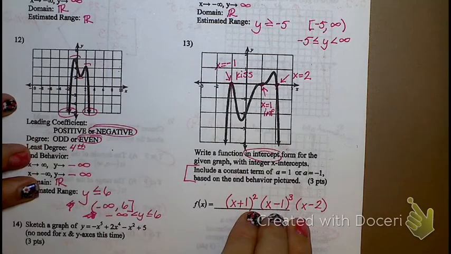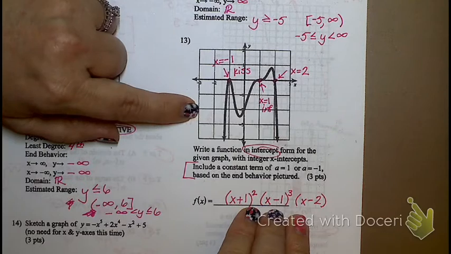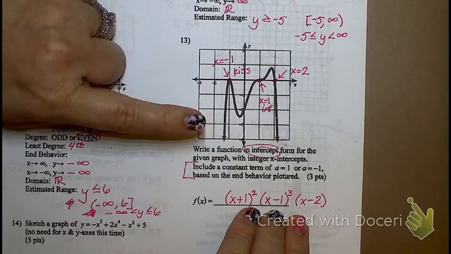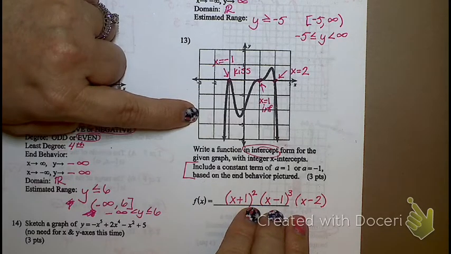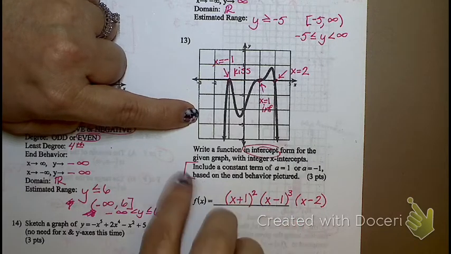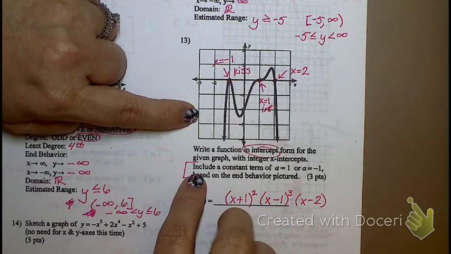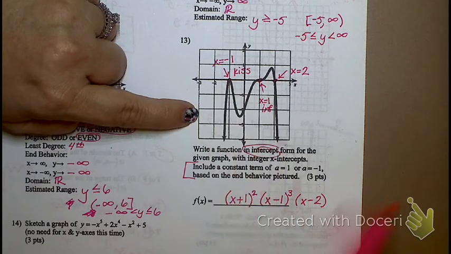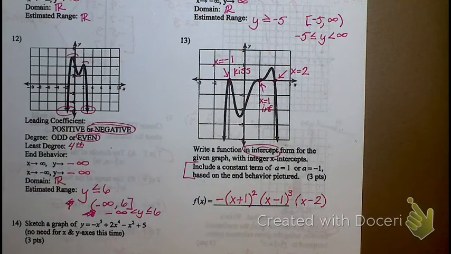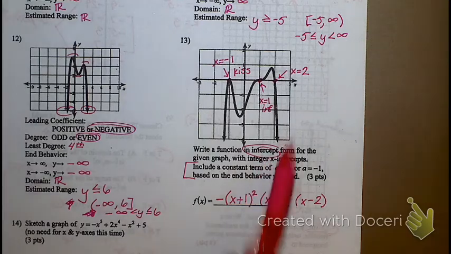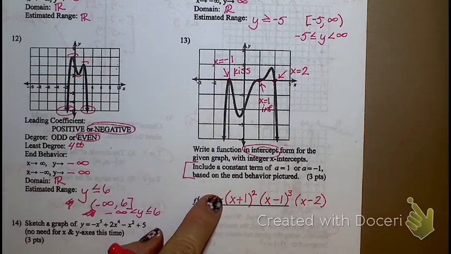The ends are going down, which means the leading coefficient has to be negative. So check your end behavior, because you may need a negative sign there. If it was going up, I would just leave that blank as a positive.